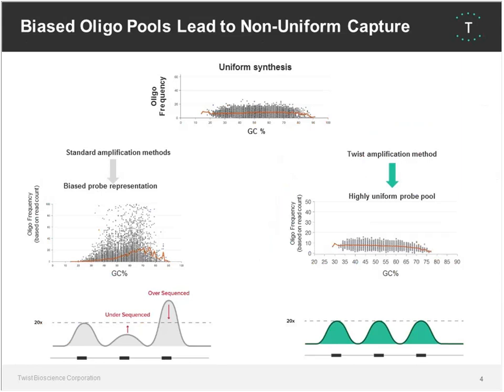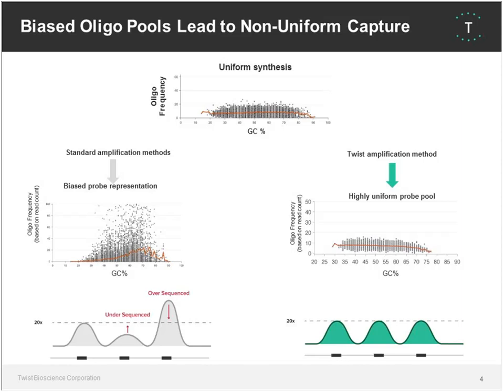Standard phosphoramidite chemistry is used to synthesize your oligos, and they will be generated in a very uniform profile, which is not dependent upon GC content whatsoever. However, the concentration of this seed oligo pool is not sufficient for most downstream applications, including next-generation sequencing target enrichment. So the next step is taking the seed pool and amplifying it.